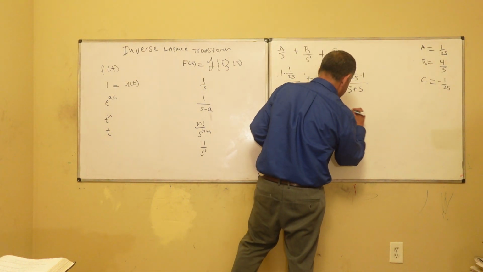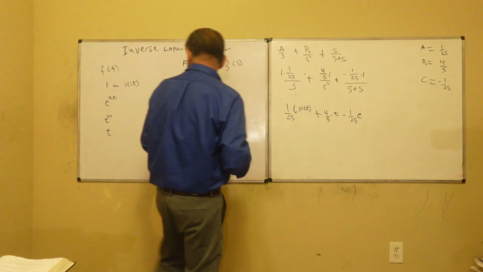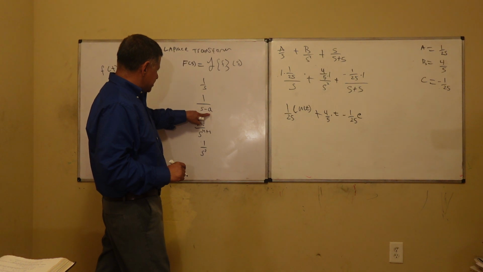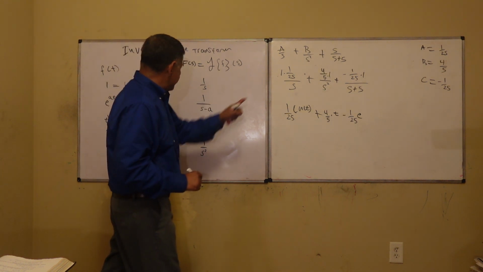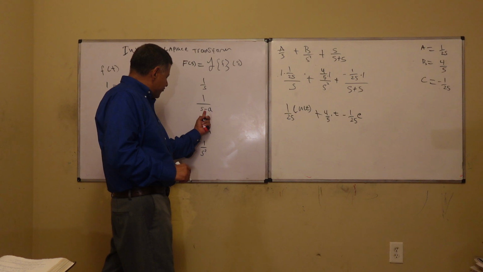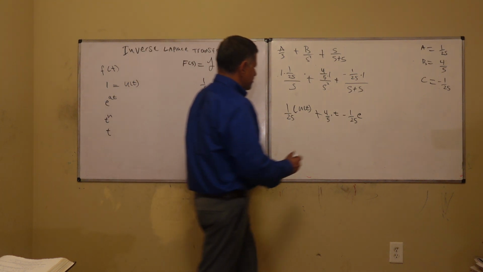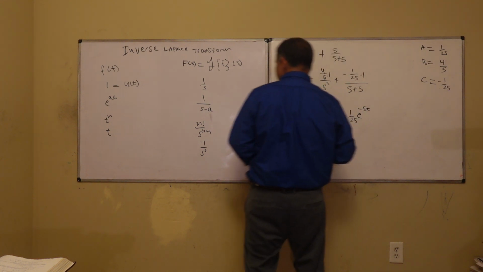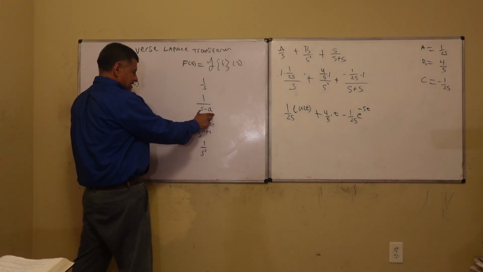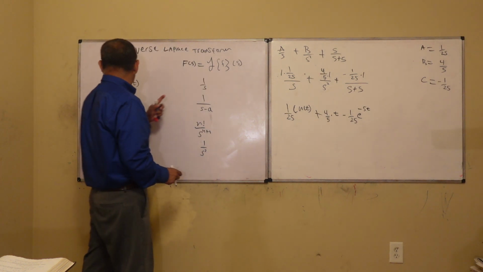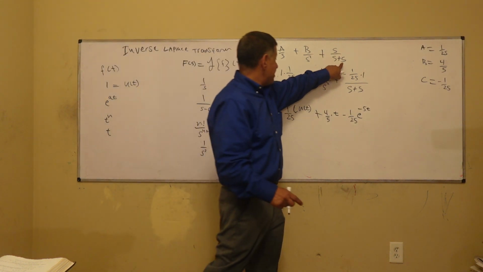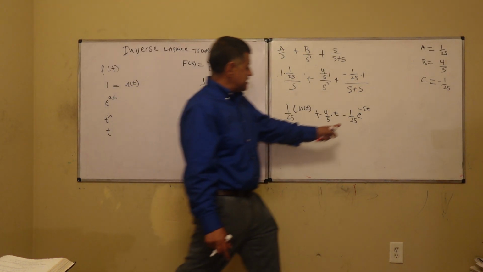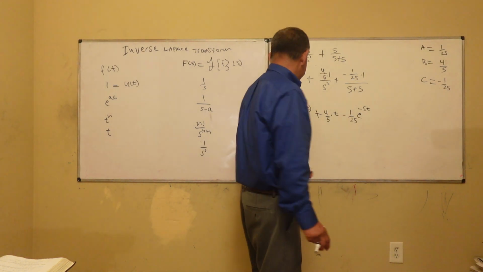It's going to be e to the whatever number is the constant at the bottom. What is the constant at the bottom of this? It's 5, but I have a negative sign in front, so it's going to be negative 5t. Why? Because originally it's given like this, and it was positive. Because it was positive, when I bring that to the top like this, it becomes a negative.